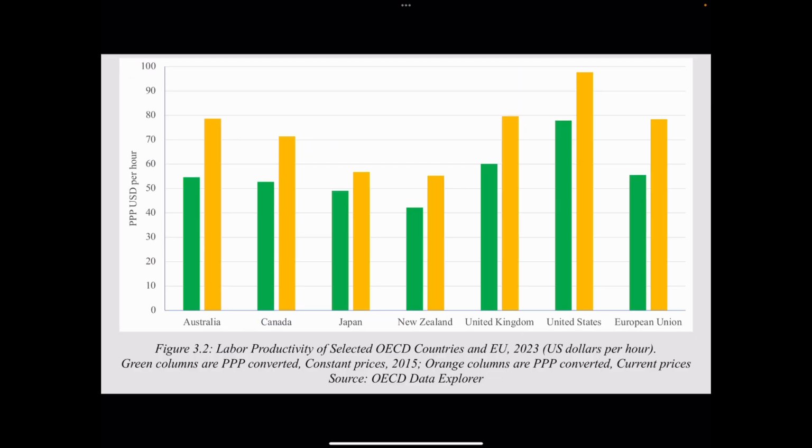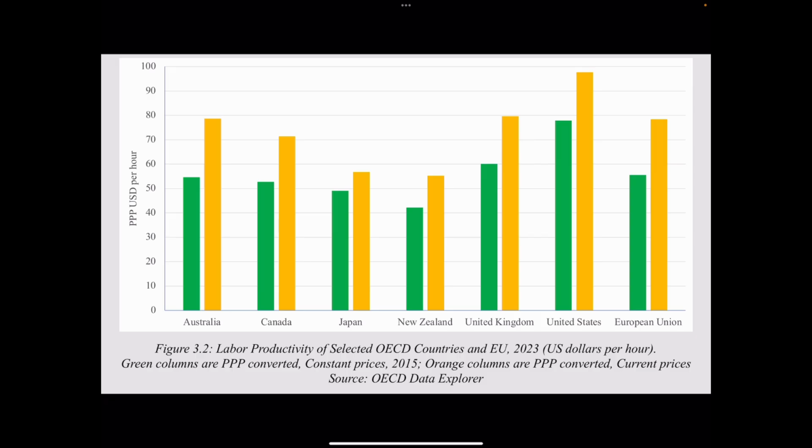Here's a figure that shows labor productivity of selected OECD countries and the European Union as a whole. We see the green columns are purchasing power parity converted constant prices for 2015, and the orange columns are current prices, again purchasing power parity converted.